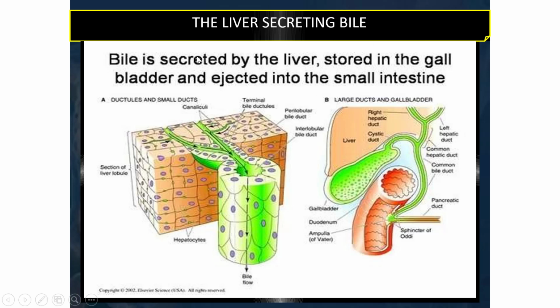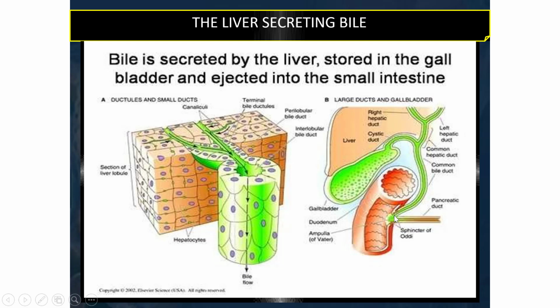So bile is secreted by the liver, stored in the gallbladder and ejected into the small intestine. You already know that the bile which is secreted by the liver in the bile canaliculi is collected in the gallbladder, and then it is secreted into the duodenum via the common bile duct, which joins with the pancreatic duct to form the sphincter of Oddi and the ampulla of Vater.